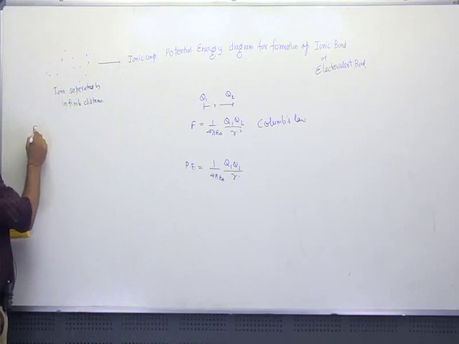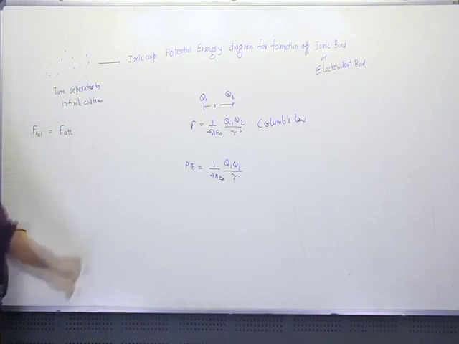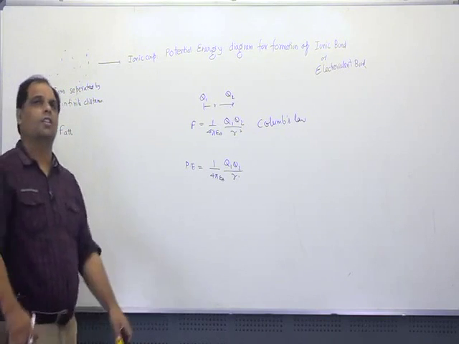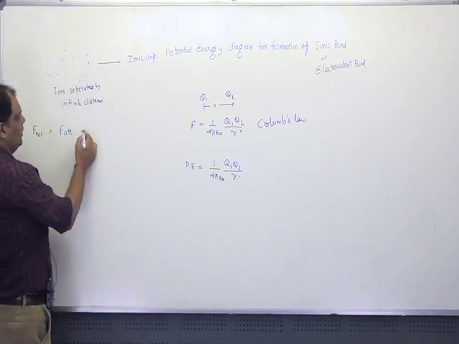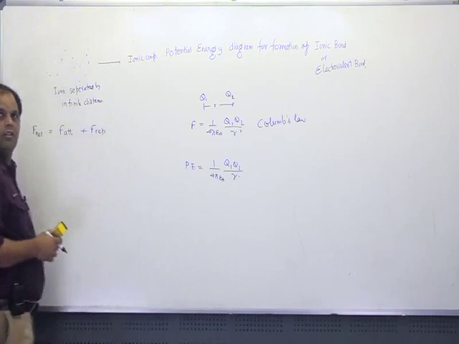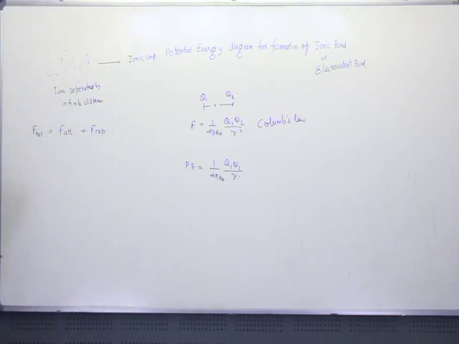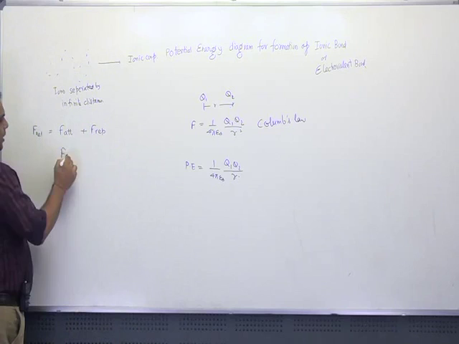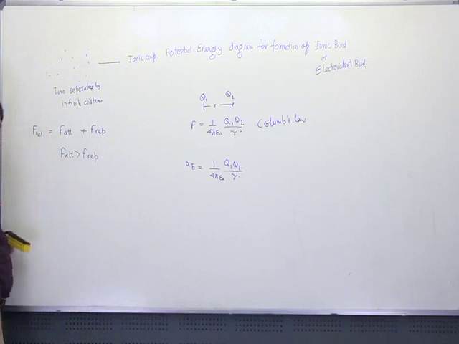Now we can have F net equal to F attractive, the force between opposite charges, and simultaneously the system also has F repulsive, the force between same charges. Now ions are coming close because F attractive is more than F repulsive.